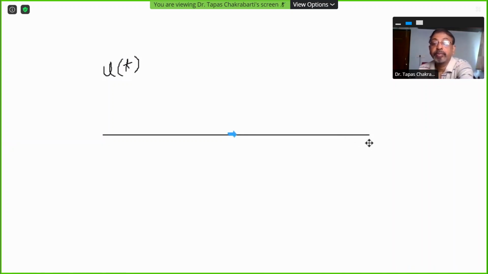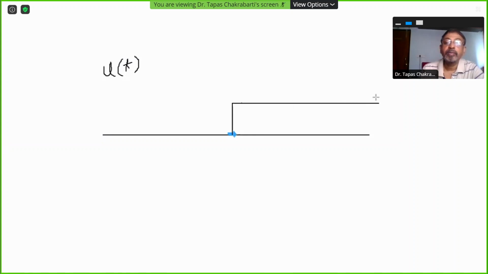From this 0 point, up to infinity, you will get the value 1. This amplitude is 1, up to infinity. This is your t axis.